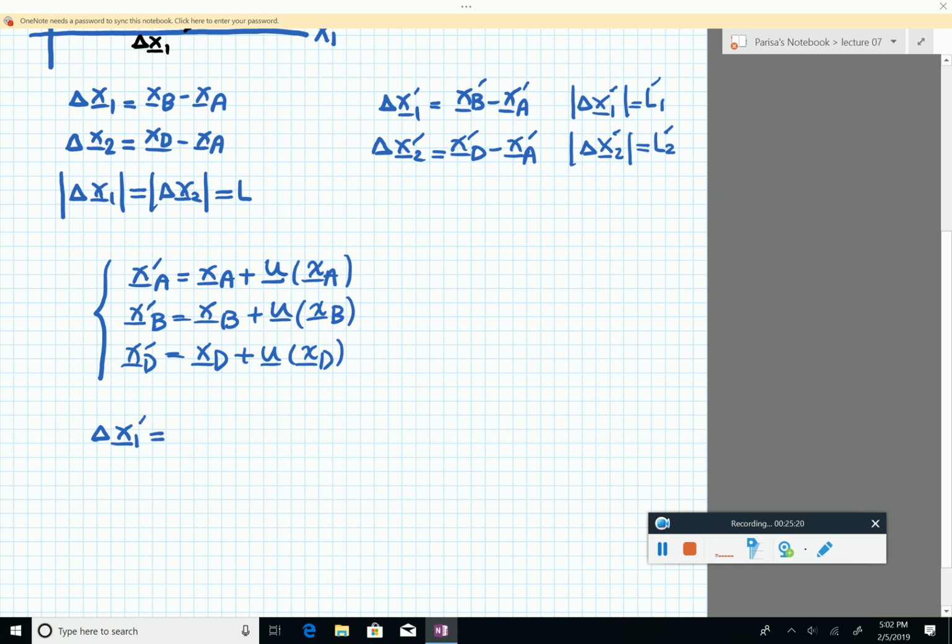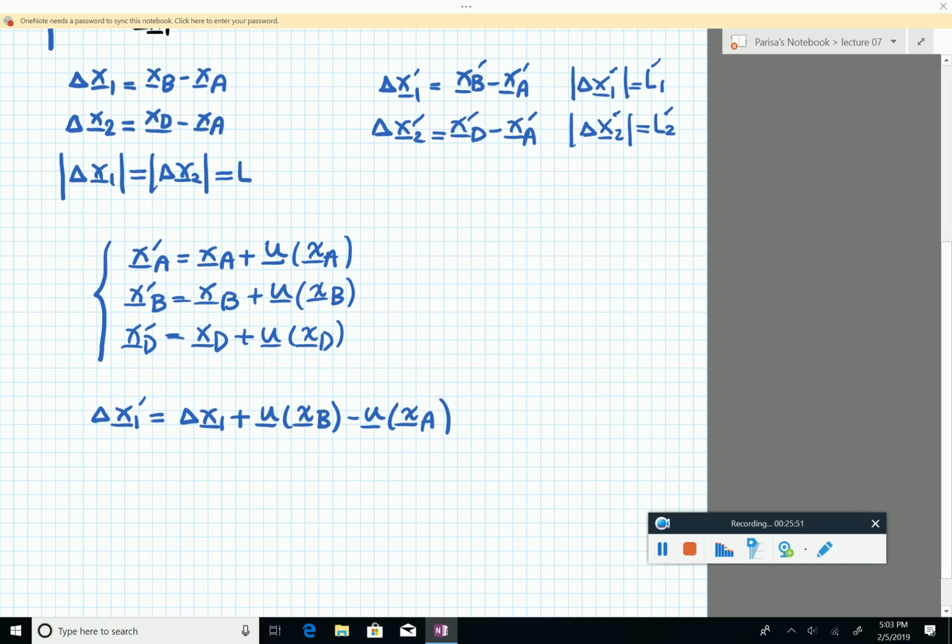Delta x1 prime would be, if I substitute for x prime b and x prime a, delta x1 plus the difference of the displacements. Agree with me, you can all see it, right? I don't have to explain this. Great. The same thing for the other direction.